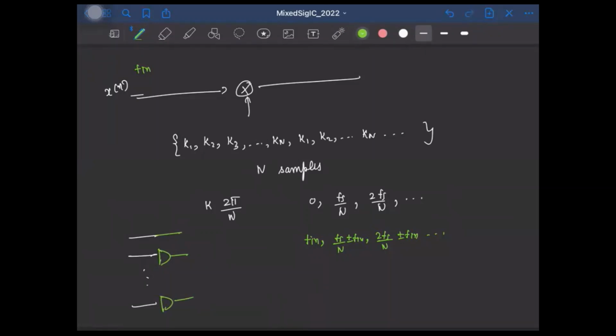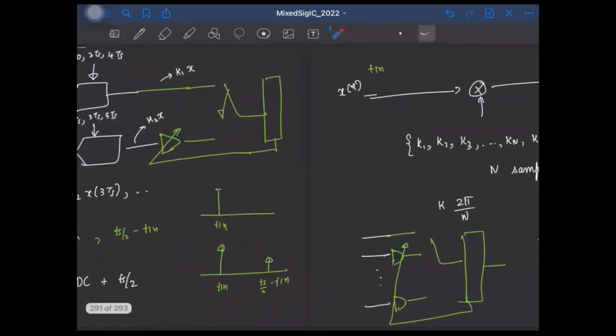Okay, and you need to simultaneously reduce the strengths of all these unwanted tones. Okay, so you can have some kind of digital logic that looks at the strength of all these unwanted tones and tweaks all these gains so as to minimize the strength of these.